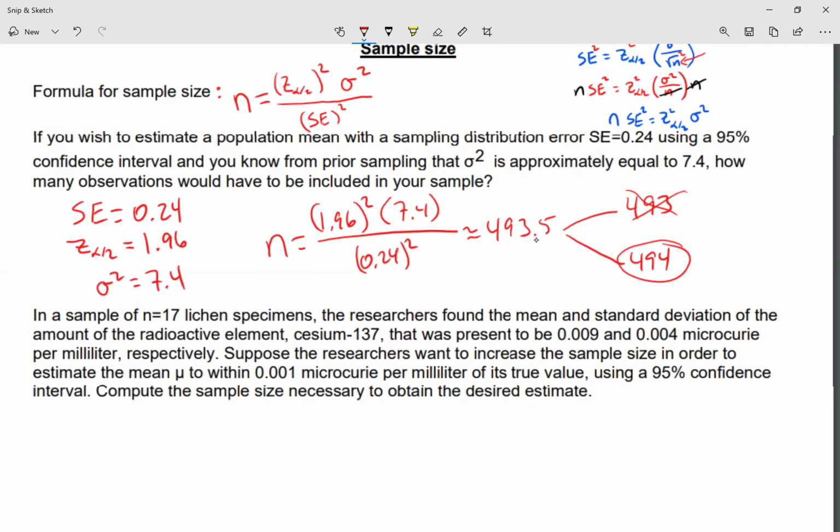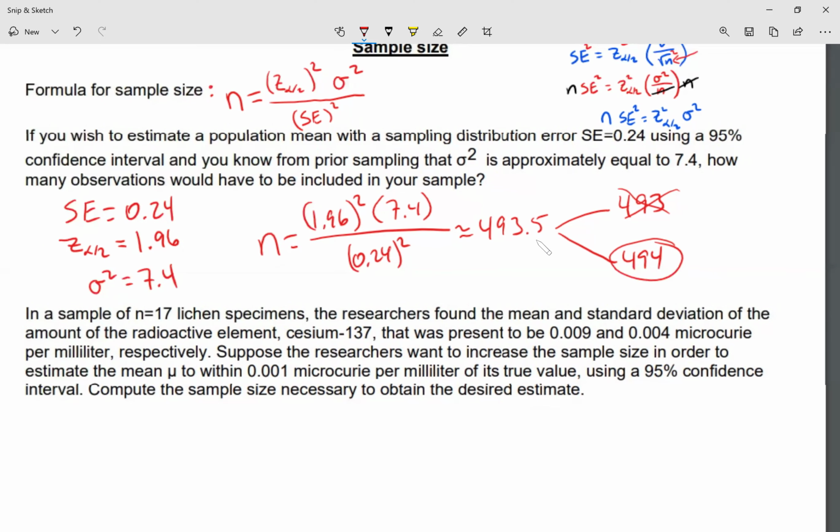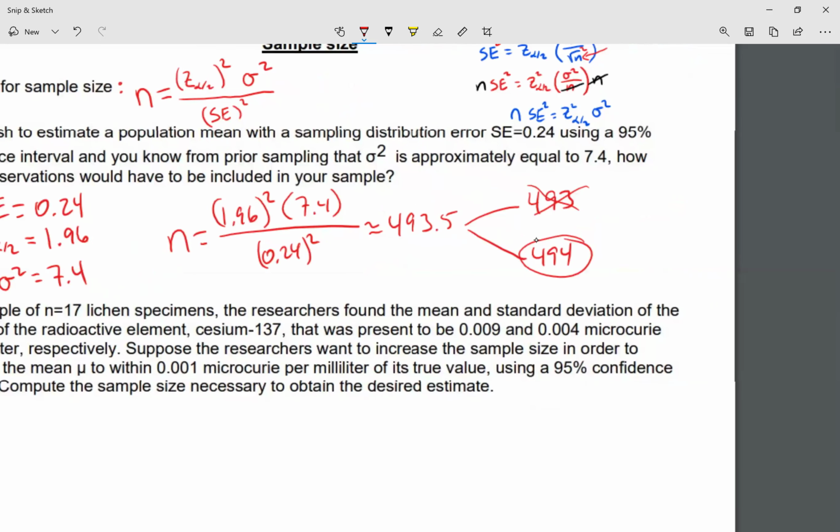I cannot do halves, but I cannot do less than 493.5. I have to round it. So some of you might be wondering, Mr. Alonso, what if I type this in and get 493.1? Is this 493 or 494? And I will say that also rounds up to 494.